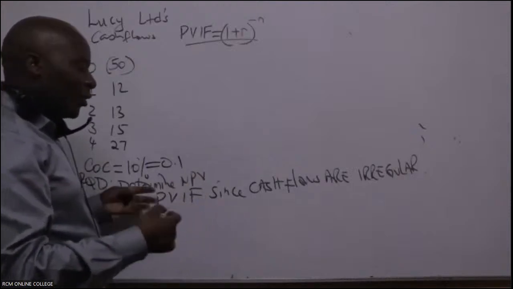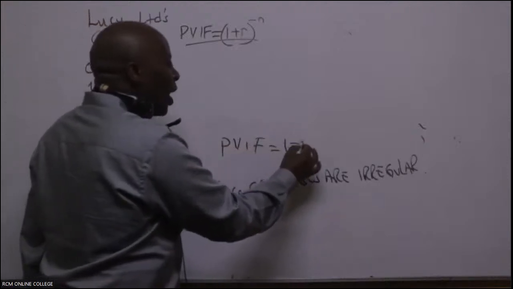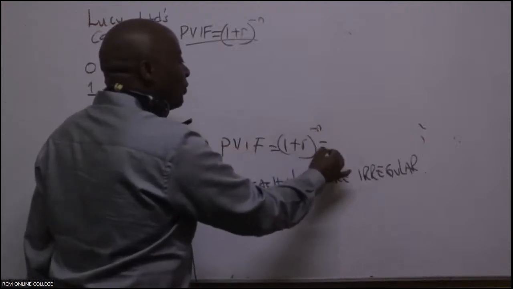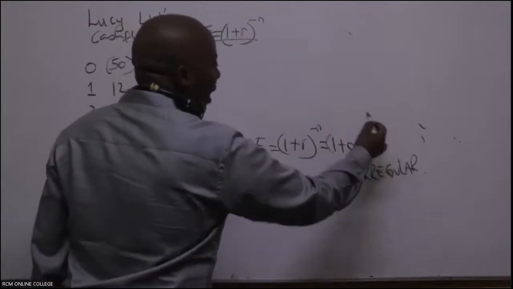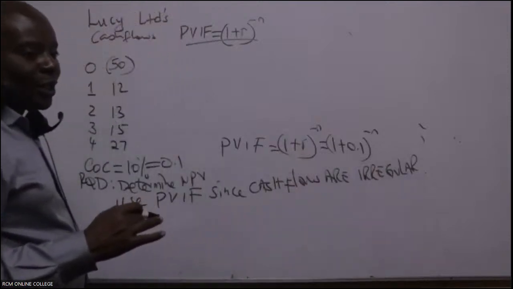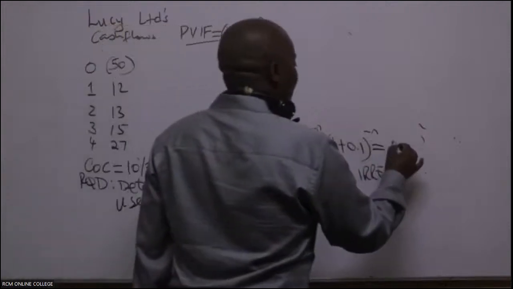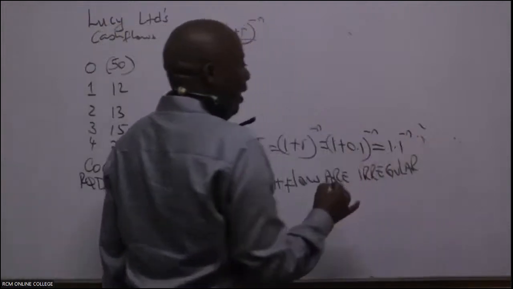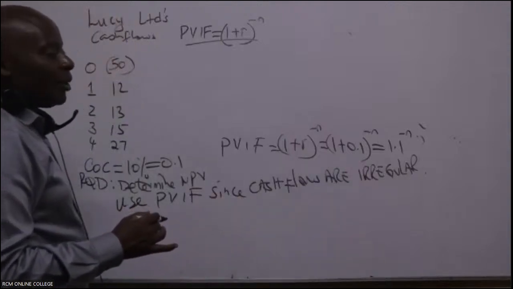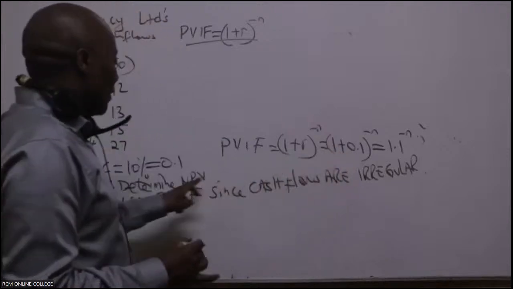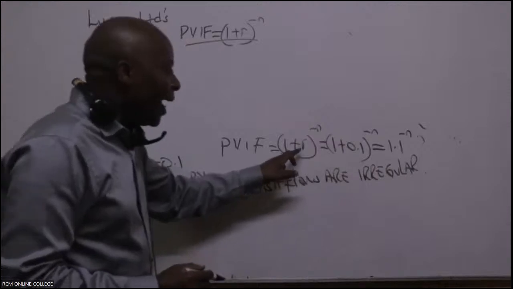So when we say that PVIF is 1 plus r raised to negative n, this will be 1 plus 0.1 raised to negative n, which is the same as 1.1 raised to negative n. I'm only plugging in the r in the formula.